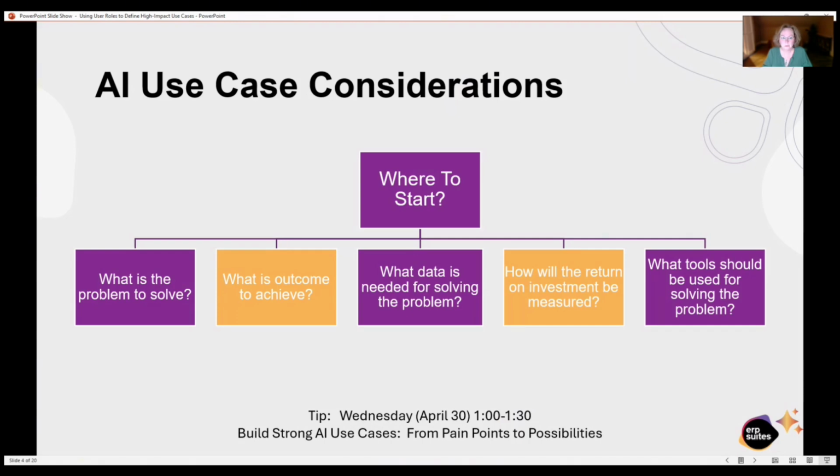And so these are just some things to consider when you're defining your AI use cases. But first is obviously what is the problem that you're wanting to solve, and what is the outcome that you're looking to achieve, and then what data do you need for solving the problem.